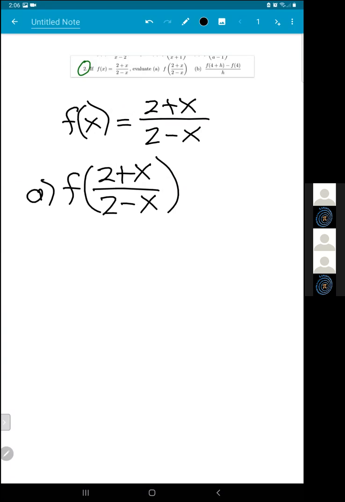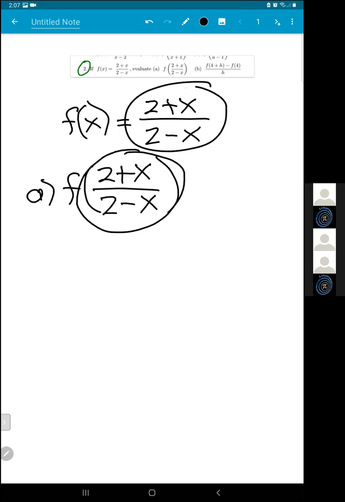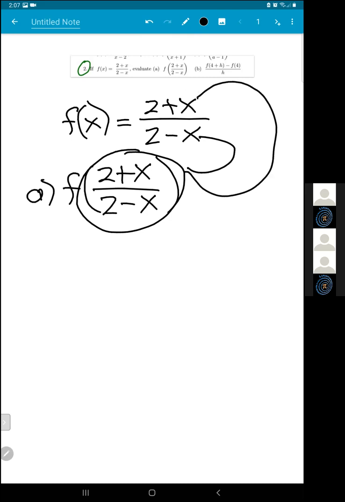Now you may wonder why you have f of x equals 2 plus x over 2 minus x, and then for letter A, you're evaluating f at 2 plus x over 2 minus x. They do not mean the same thing. So what you want to do here is to plug in or evaluate f using this formula, meaning you're going to plug in this expression, the encircled one, into each x in the given formula for f.